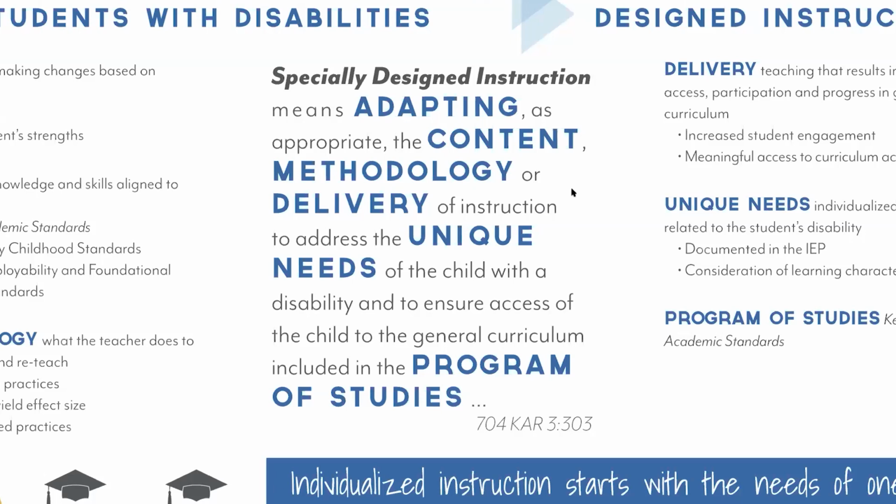So it's for improving educational outcomes for students with disabilities through specially designed instruction. And down the middle there, it says specially designed instruction means adapting the content, the methodology or delivery of instruction to address the unique needs of a child with a disability and to ensure access of the child to the general curriculum included in the program of study.